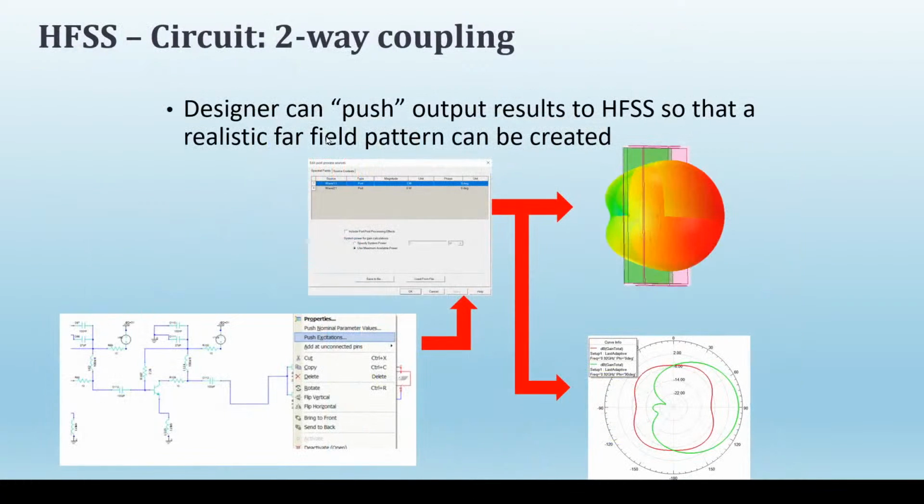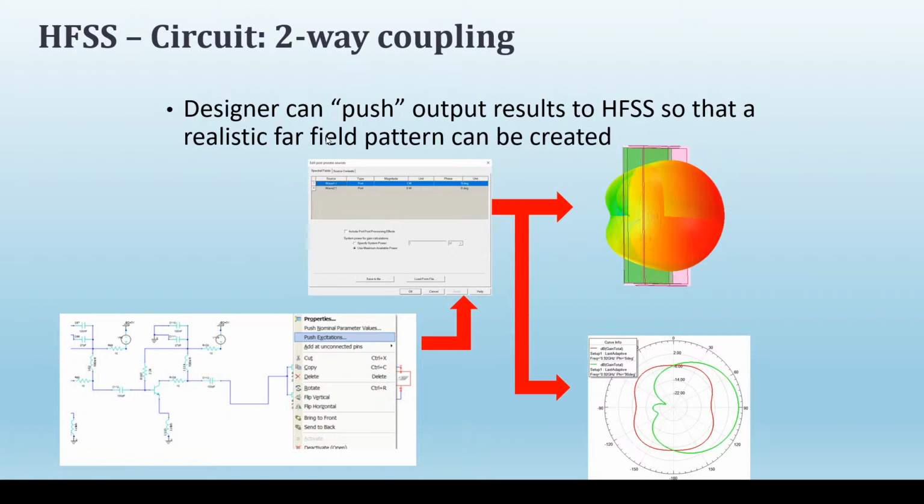And so HFSS and circuit is a two-way coupling. So you can bring your 3D design result to a circuit. Then you can set up your circuit, run a simulation, and you can do the push excitation to couple the result from circuit back to HFSS.